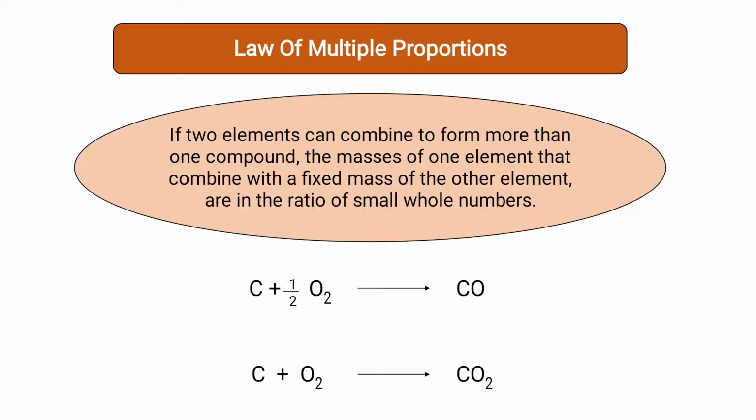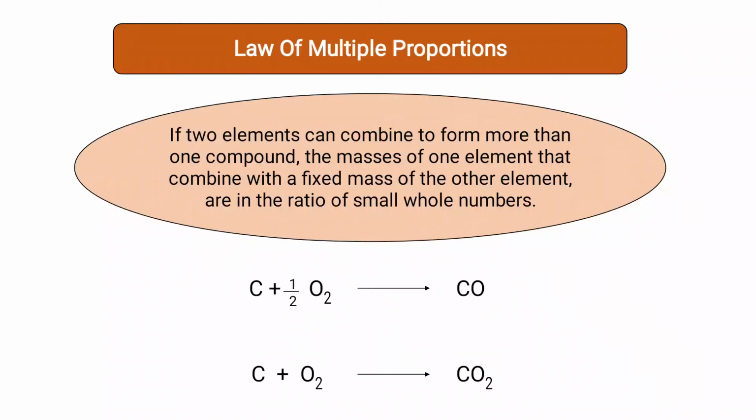The formula is CO2. So two elements can combine to form more than one compound, then the mass of one element that combines with a fixed mass of the other element. So now let us consider the mass of carbon and oxygen.